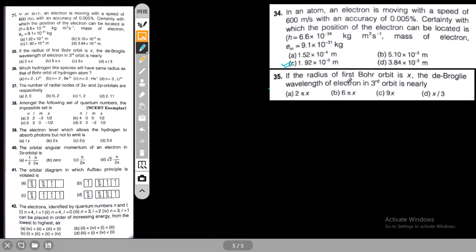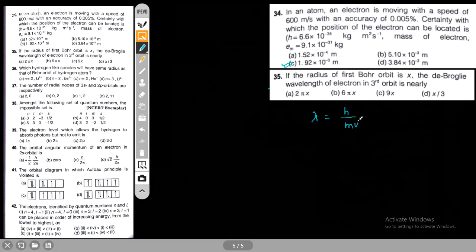Radius of the first Bohr orbit is x. De Broglie wavelength of electron in third Bohr orbit. Simple one, right? So 2 pi x, 6 pi, like this it is given. So what we can write, directly you can use the formula, okay? Or we can also write, since de Broglie wavelength you have to find out, so that is nothing but lambda, and this lambda is equal to h by mv, right?